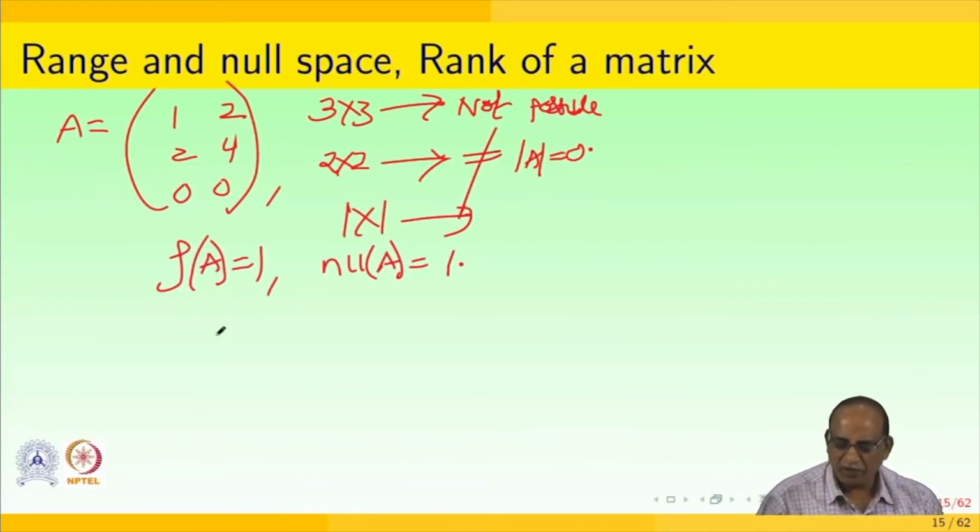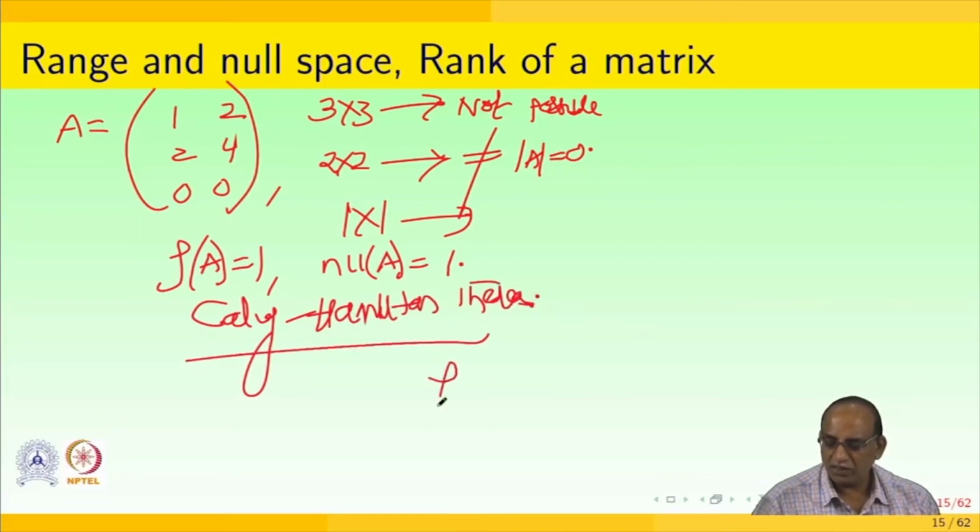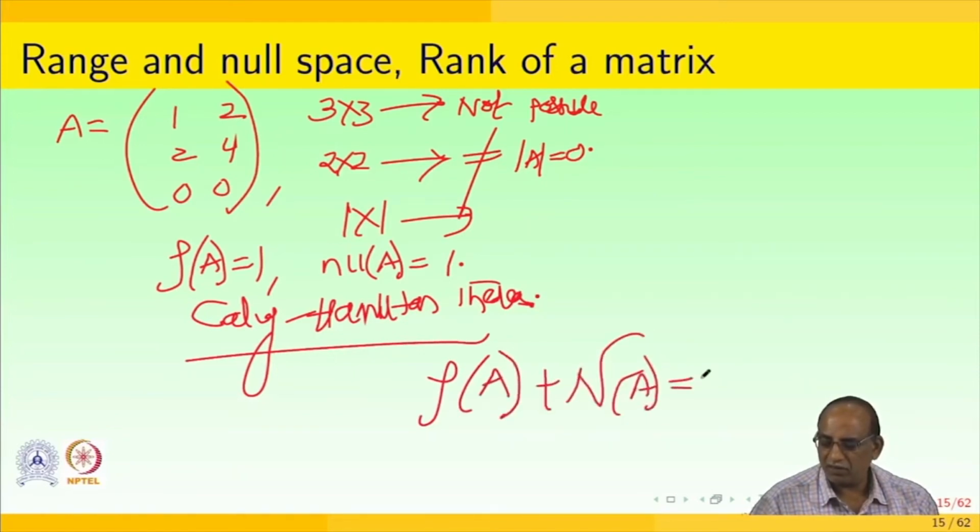After some time, probably you will be hearing a theorem called the rank-nullity theorem. What it says is rank of a matrix A plus nullity of A is equal to the dimension of the vector space.